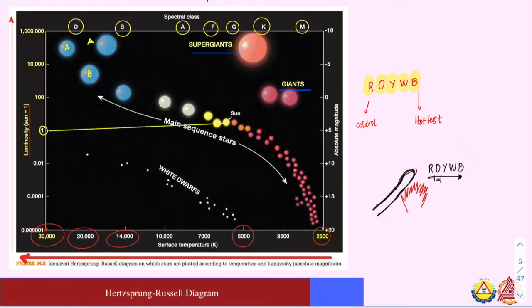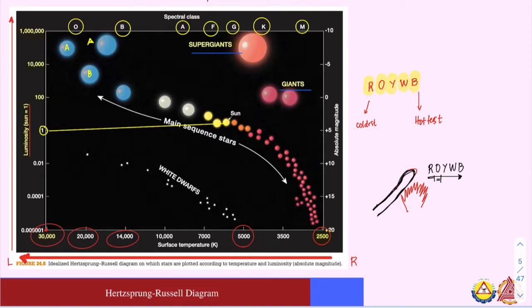First thing that we have to review is your Hertzsprung-Russell diagram, with the fact that as you go from right towards left, there is an increase in your temperature. So it's not the conventional plotting of the x-axis where the value increases from left to right, but for the Hertzsprung-Russell, the temperature increases from right to left.